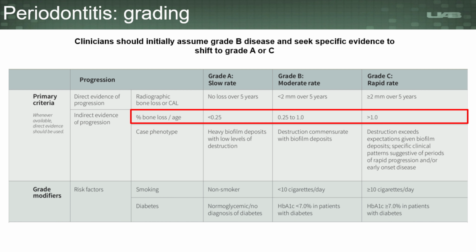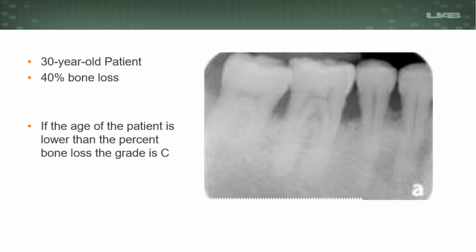Now, I told you that there's an easy way to work on that grading off of one radiograph. And I'm going to give you a couple of examples to outline that, and at the same time, pull in the significance of the grading. So here's a patient that I made 30 years old. I will stop you there because I think this is important. So, I would like everyone to pay attention to this part.